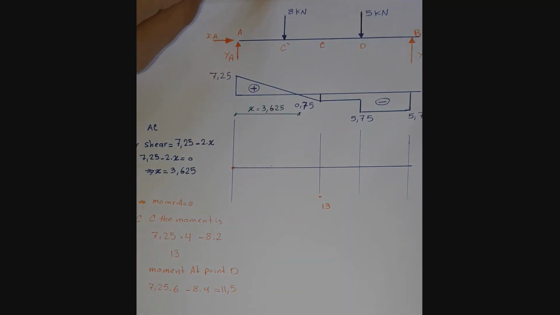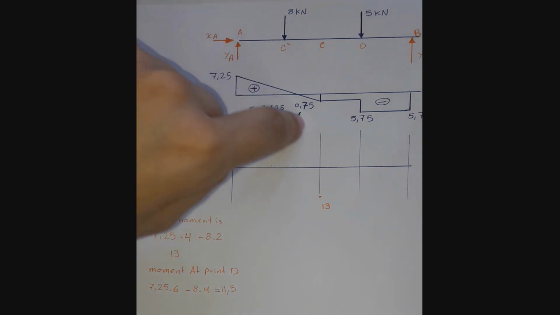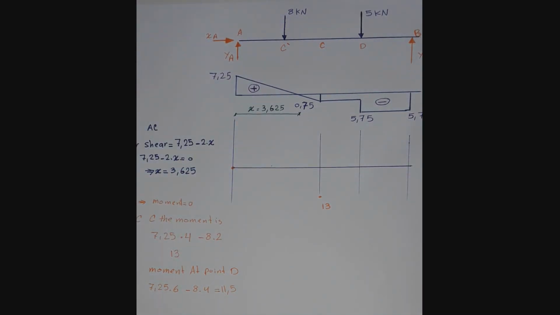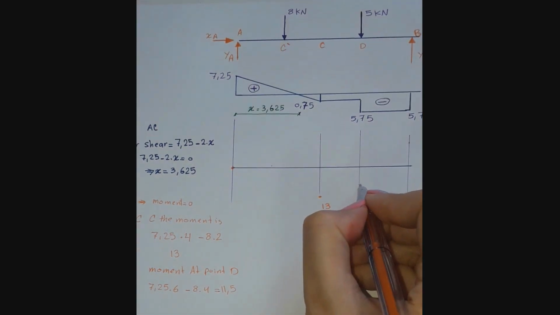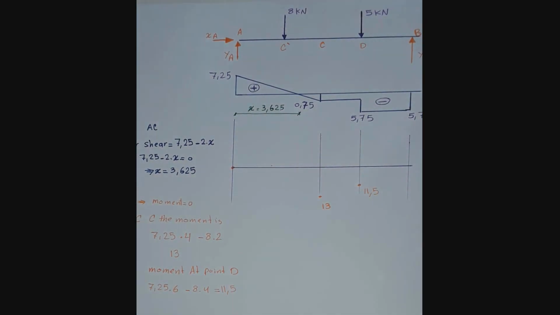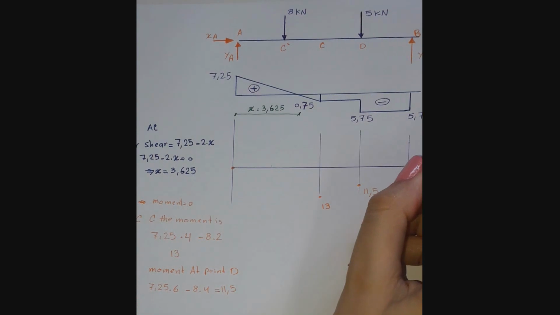YA goes clockwise, while this 8 goes counterclockwise. So the value of the moment is 11.5. And the value of the moment at point B equals 0.